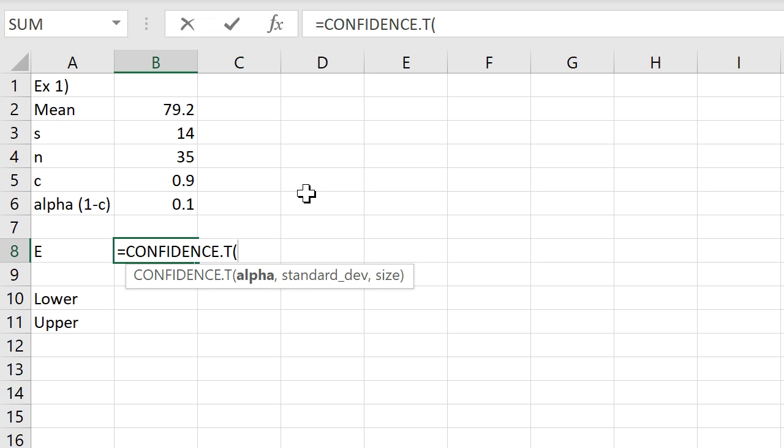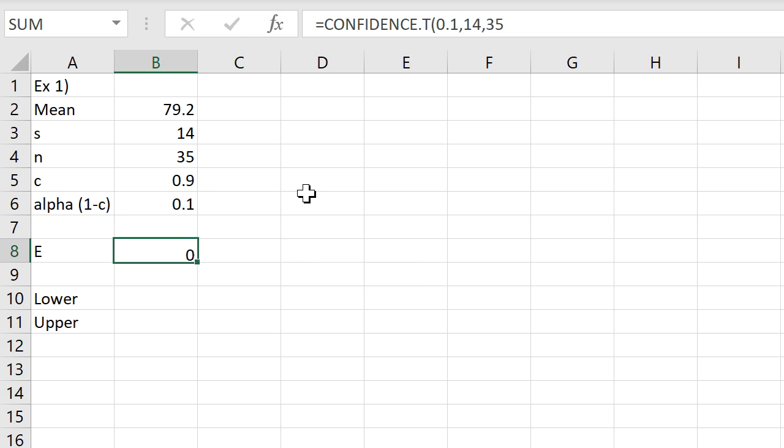Then we just start putting in everything. Our alpha was 0.1. Our standard deviation, which is our sample standard deviation, was 14. And our size was 35. Hit enter and we have our margin of error.